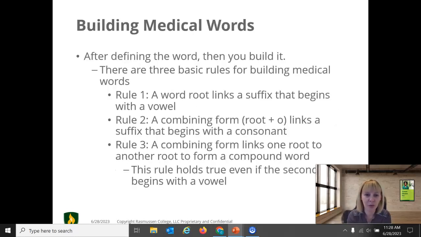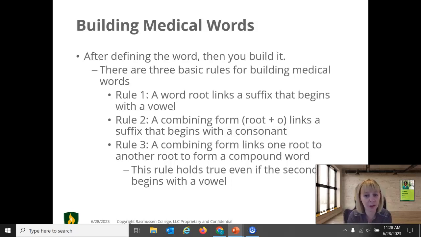After you define your word, then you build it. Makes common sense. So after you have defined it, so you define the suffix, you define the prefix, and you define the word root, now we're going to build it back up. So the first thing is a word root links the suffix that begins with a consonant. And that typically is going to be a combining form.